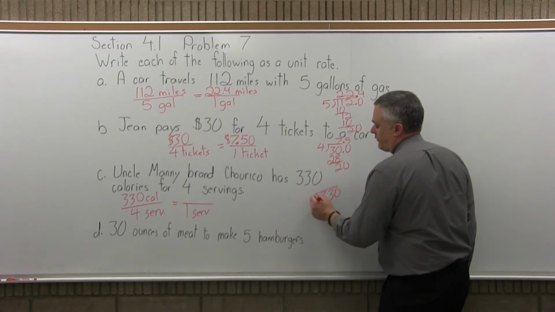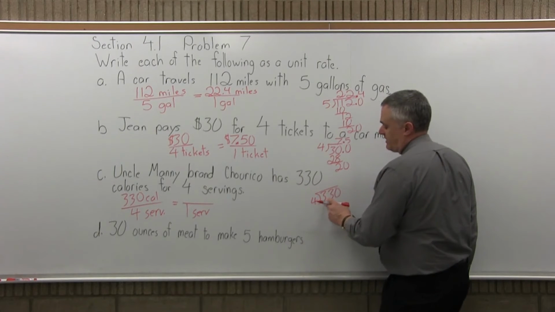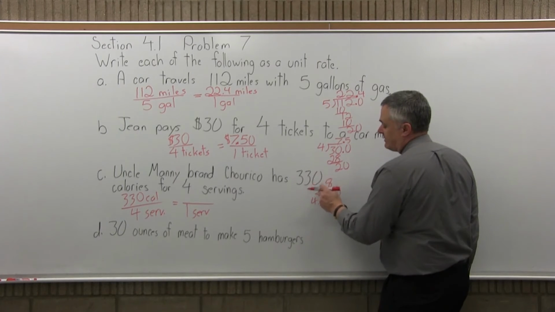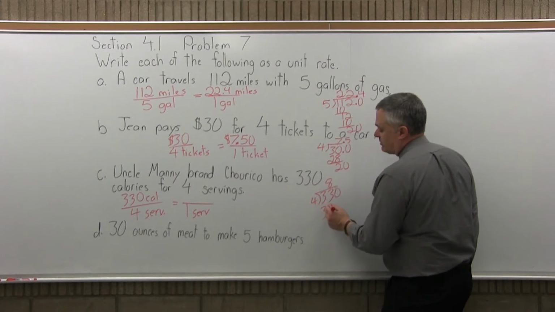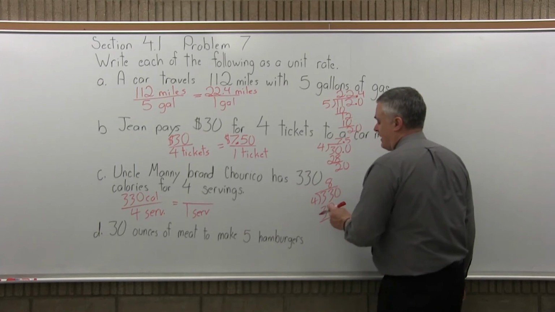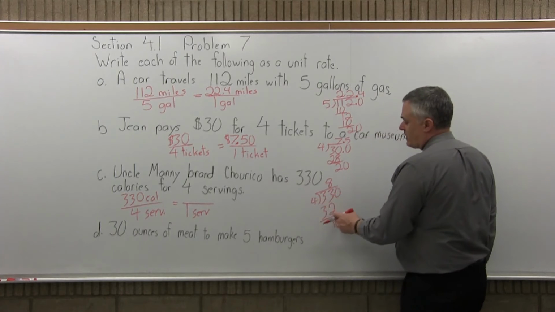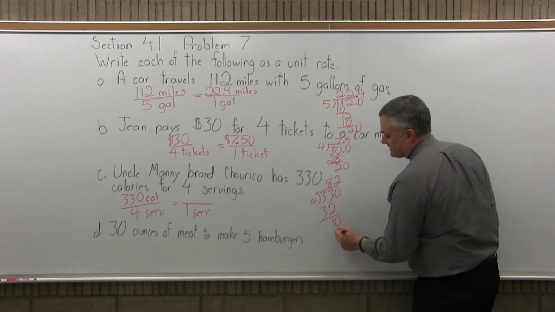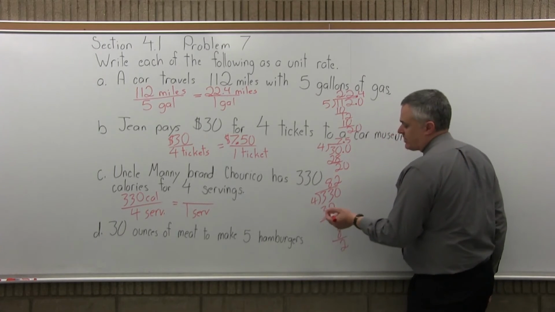330 divided by 4. 4 divides into 3, it won't fit. 4 goes into 33, as close as it'll fit is 8. 8 times 4 is 32. 33 minus 32 is 1. Bring down the next digit, a 0, making 10. 4 divides into 10, it'll go twice. So 2 times 4 is 8. 10 minus 8 is 2, so it hasn't gone in evenly.